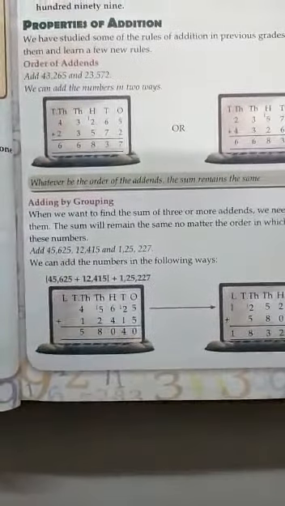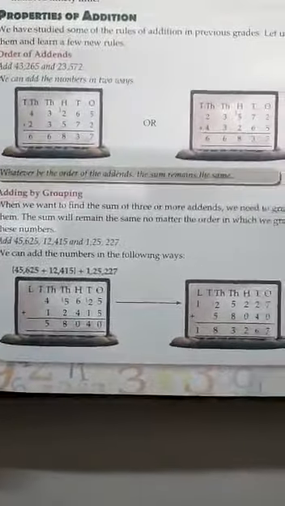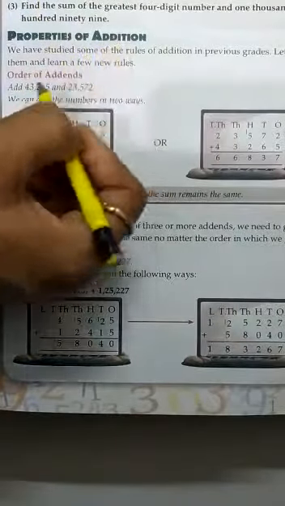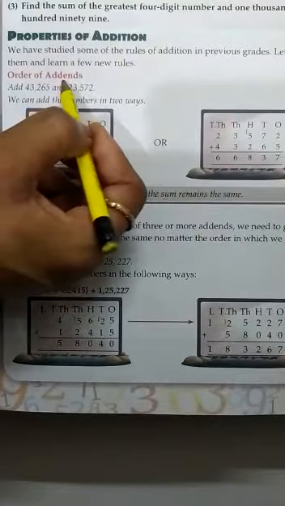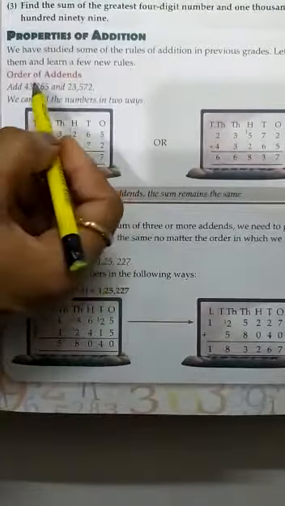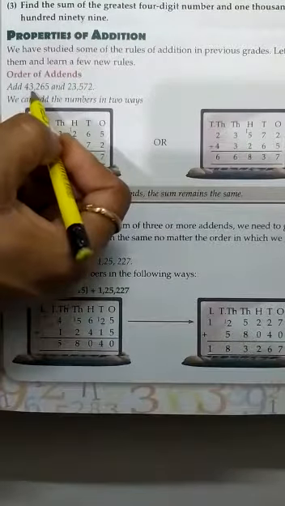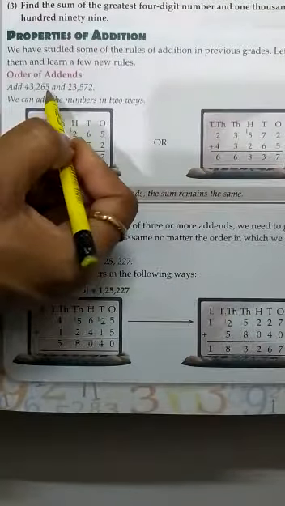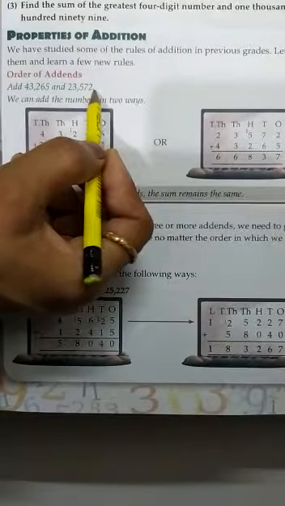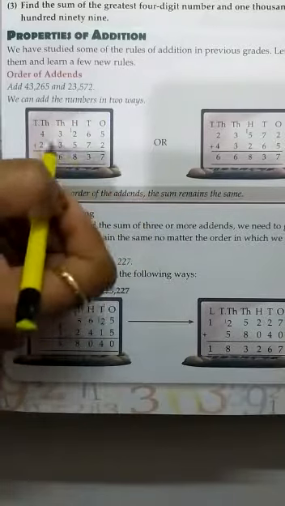In this video, I will explain the properties of addition. First property, order of addition, means we can change the order. Here the numbers given are 43,265 and 23,572. We can write any number first.